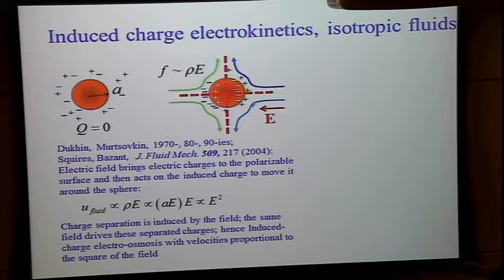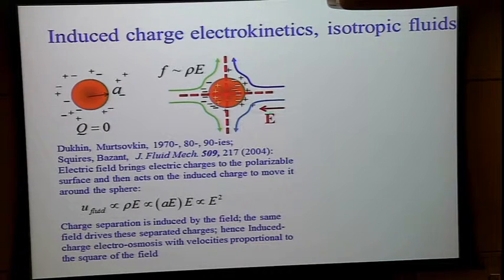So as I said, people are looking for nonlinear effects, and this is a somewhat different situation, which is the metallic sphere, a highly polarizable sphere. Typically, these spheres do not have much surface charge, but they might still be placed in the electrolyte. When you apply an electric field, the sphere is polarized. The conductance electrons go to the left and to the right, and they attract the ions from the electrolyte, which form two clouds.